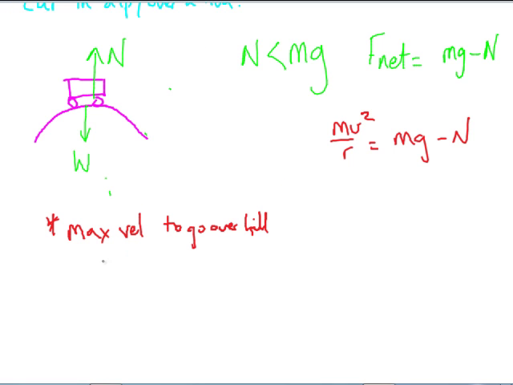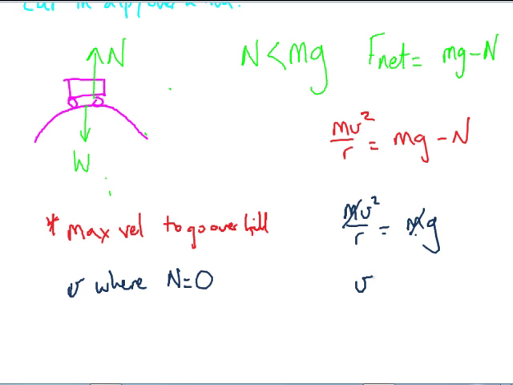What we're after is the v where N would first equal 0. At the point that N equals 0, that will give us our velocity. So we'd have mv squared on r equals mg. Divide by m, multiply by r, take the square root. We've got v equals root rg again. Same equation, except we're now finding the maximum velocity before we get airborne.